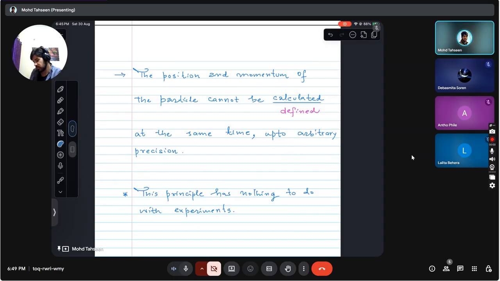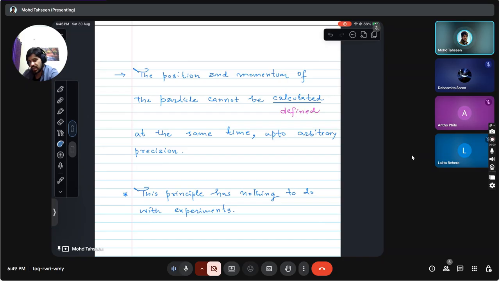So for this, it is basically non-intuitive, right? We cannot understand it in a way that we are most familiar with, I mean, in terms of real life examples. Because if we take a real life example, suppose there's a car which is moving at some constant velocity, and we know the mass of the car and the velocity, so we know its momentum, right?